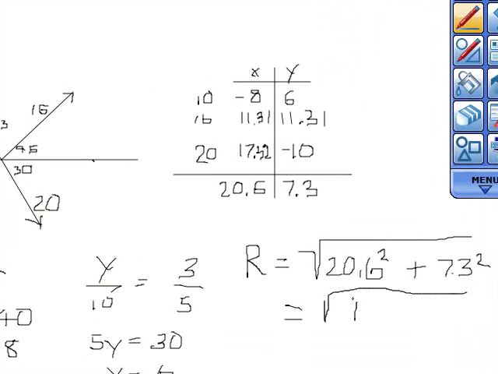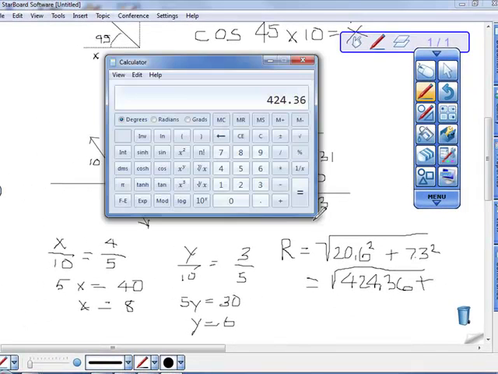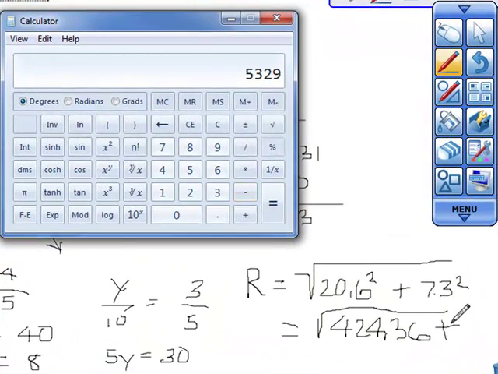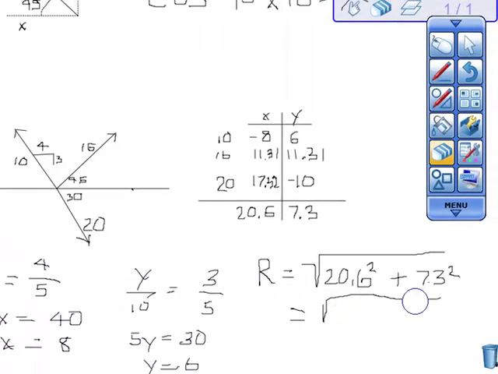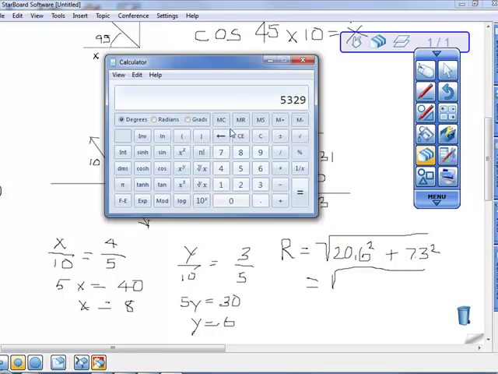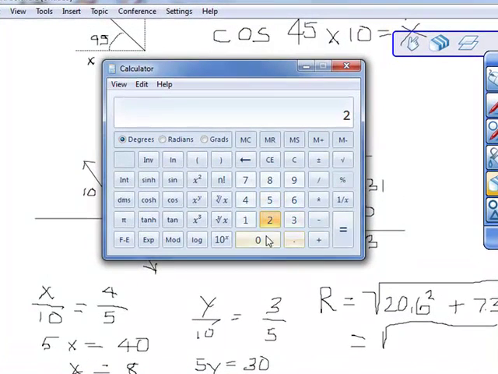Plus 73 squared is 5329. Well, I did that first one wrong, didn't I? Okay, let's try this again. It's 20.6 squared, I was right, plus 7.3 squared.